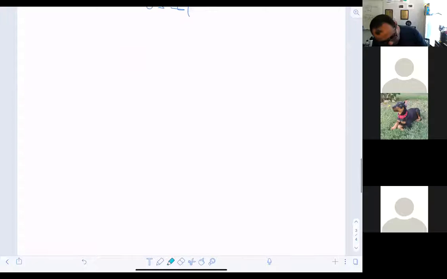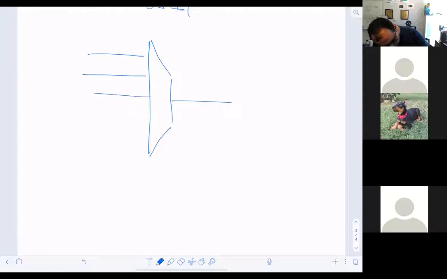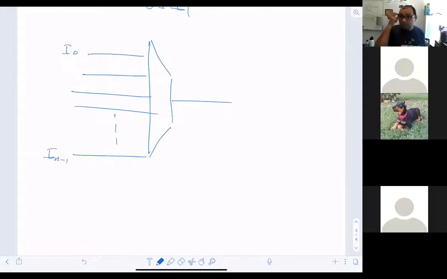Imagine I have a multiplexer like this, with inputs I0 to IN minus 1, so inputs 0, 1, 2, 3, up to N minus 1.